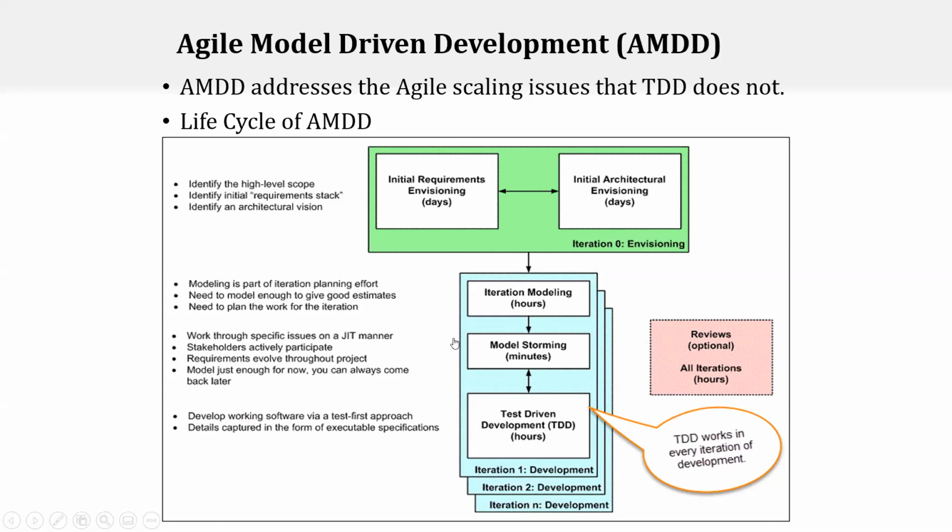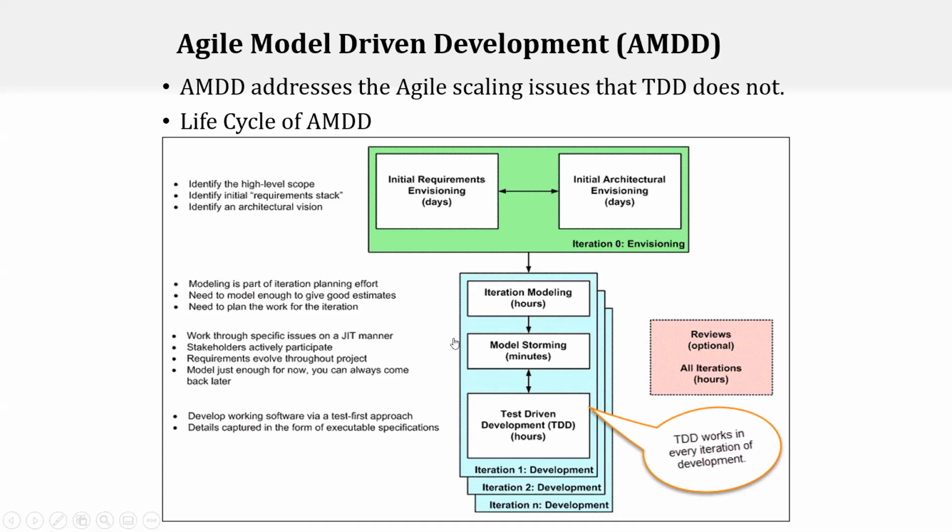So what happens if you implement this Agile concept inside the TDD? You get Agile Model Driven Development. You see the diagram. Initially you get the requirements, architecture, model storming, TDD.